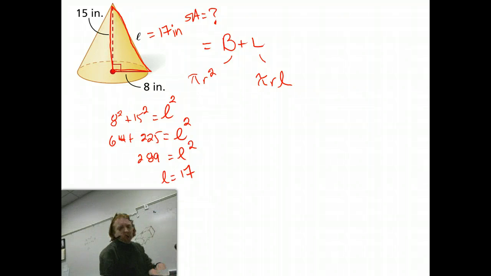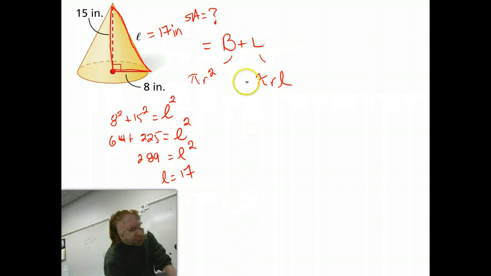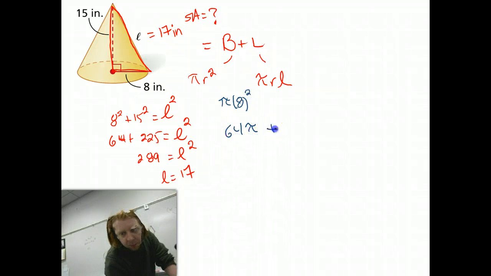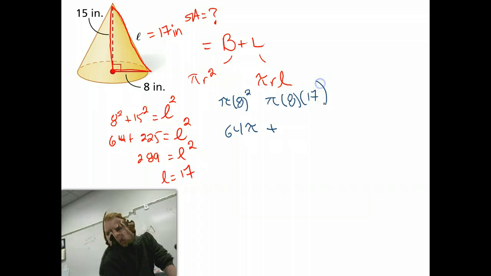I know the base. And again, if you can leave answers in terms of pi, do that as much as you can. So the base is going to be pi times the radius squared, so 64 pi, plus pi times the radius times the slant, which is 17. 8 times 17 puts me at 56, carry the 1, 136.